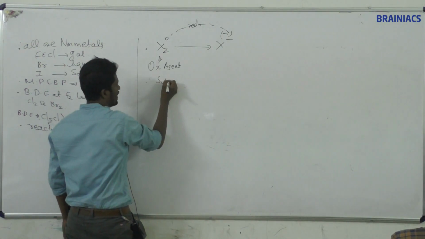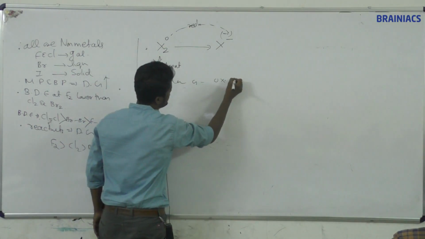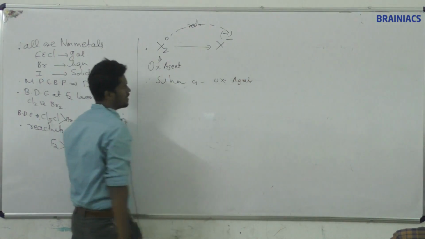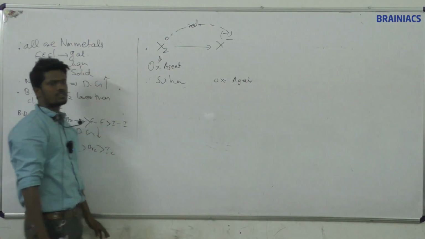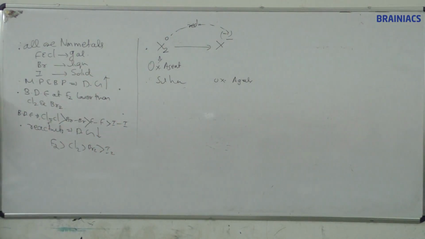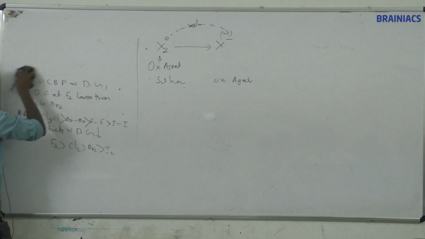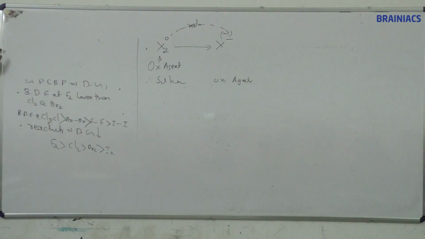So halogens can act as good oxidizing agents, like F into F minus, Cl into Cl minus. They undergo reduction, so they act as oxidizing agents.